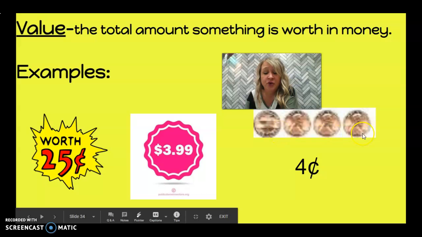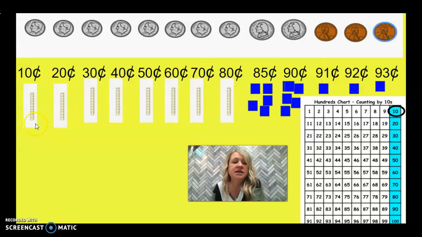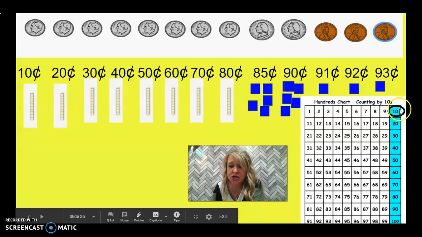The value of 4 pennies is 4 cents. Then you learned that you're using place value blocks to count by tens and ones to count the money. And we use the hundreds chart to count by tens and ones to count the coins, the nickels, the dimes, and the pennies.